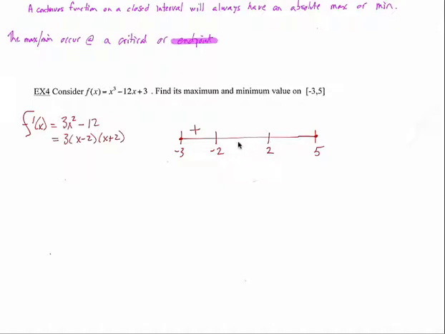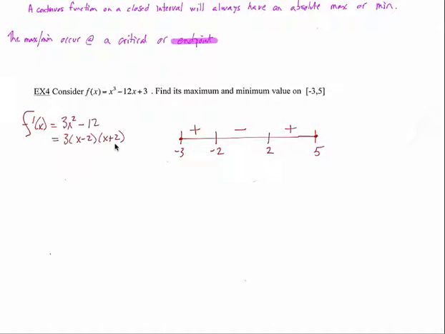In this interval, if we were to plug in something in this interval, say +1, this factor would end up being negative. This factor would end up being positive. So that means that the derivative in this interval here is negative. So we are decreasing. And then over here in this last interval, if we plug in, say, 3, 3 minus 2 is positive, 3 plus 2 positive. So again, we're back to positive.